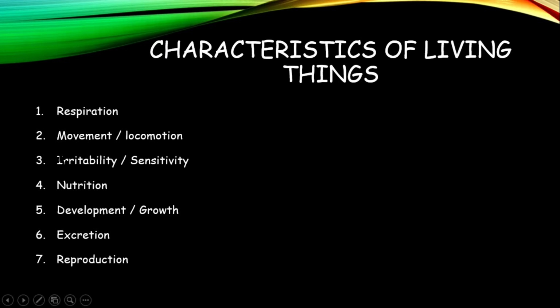It's very important to point out that number 2 is going to be movement/locomotion, not and. 3, irritability/sensitivity, not and. 5, development/growth, not and. So we have 7 characteristics of living things.